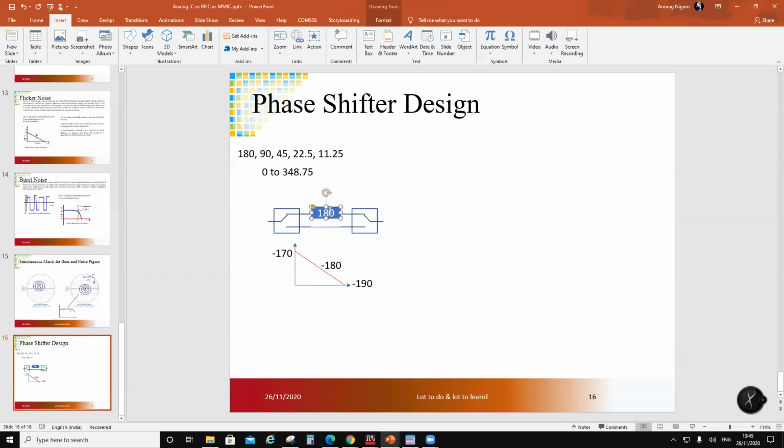So what I'll do is I will split up into 90 and minus 90. Let's say this one is 80, this is 90, and this is going to be 100.